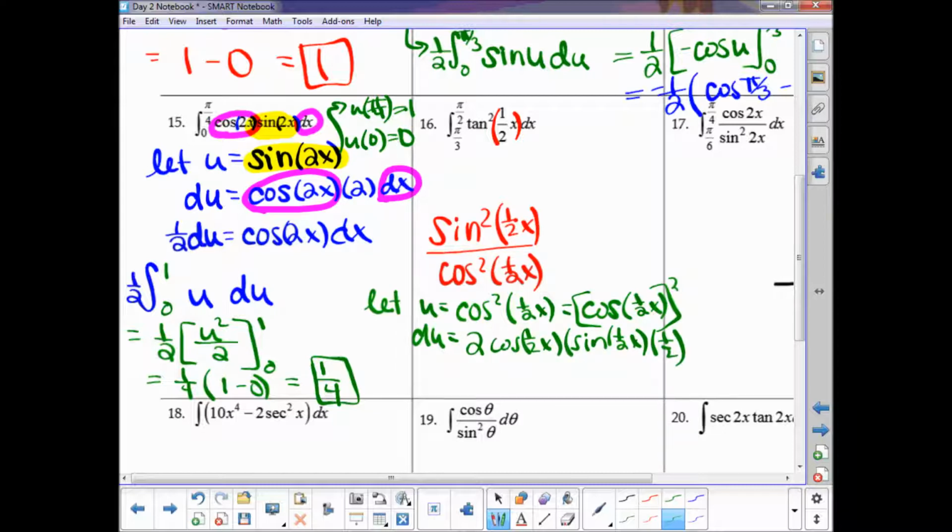Unfortunately, that doesn't help us cancel out that sine squared. So another great idea, but unfortunately it won't help us out. We can't do u sub straight up, and we can't do just a regular antiderivative. Sine squared over cosine squared doesn't help us out.